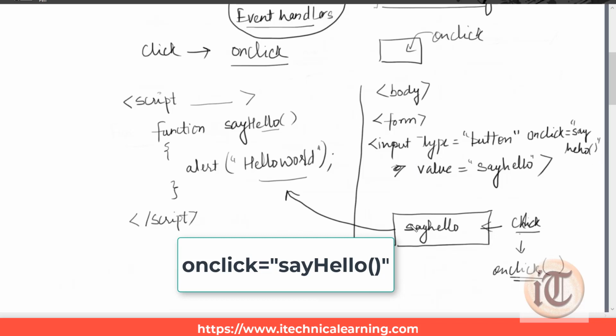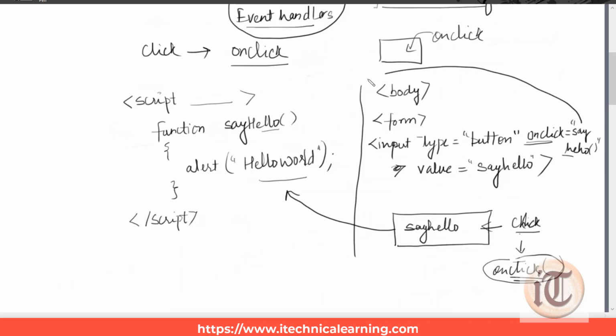Okay, so what will happen when I execute this code? My code will contain a button. When I click the button, it will call this event handler, that is onClick. What is this onClick performing? It is calling the function say hello. So my code will jump from here to the function say hello, and it will generate this hello world alert.